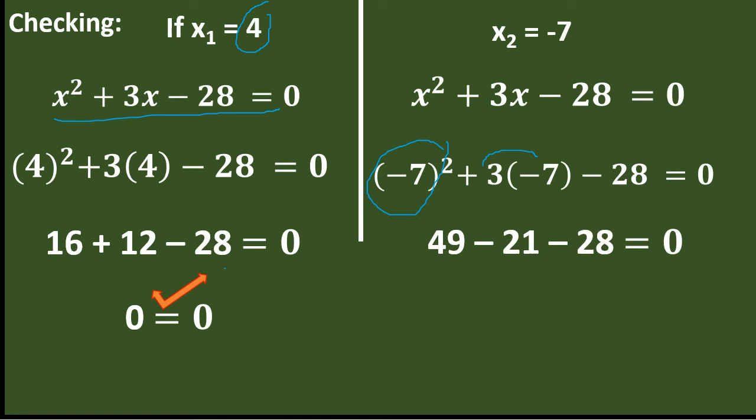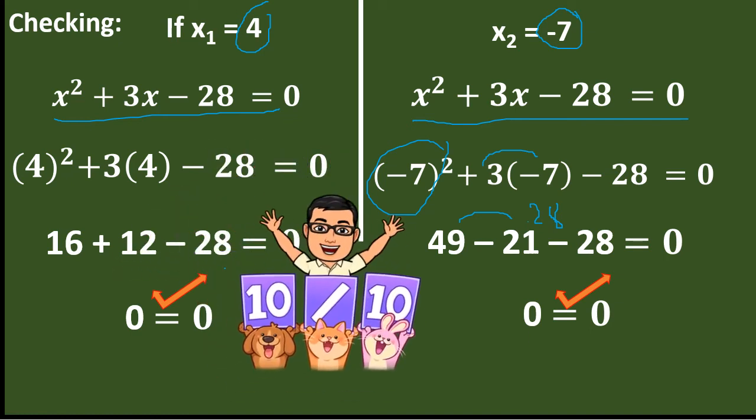So the answer is 49 minus 21 minus 28 equals 0. 49 minus 21 is 28. 28 minus 28 will become 0. So 0 equals 0, and if they are equal, meaning we're going to accept negative 7 as a solution to the quadratic equation x squared plus 3x minus 28 equals 0. So we have 4 and negative 7.